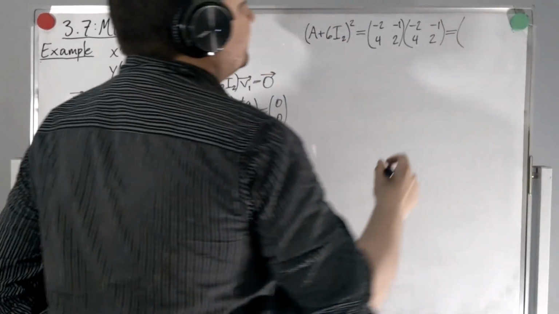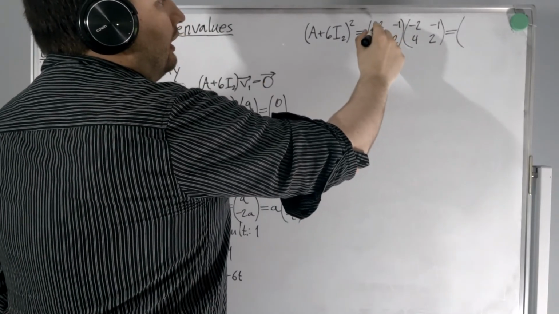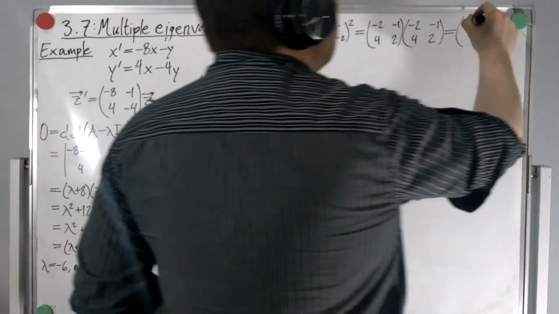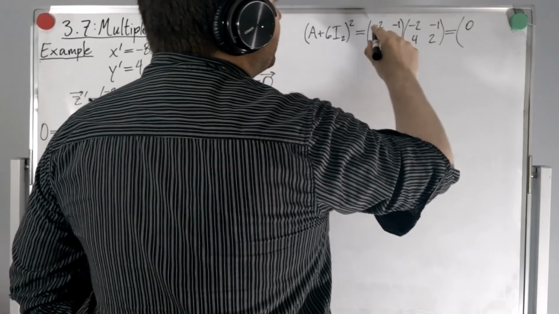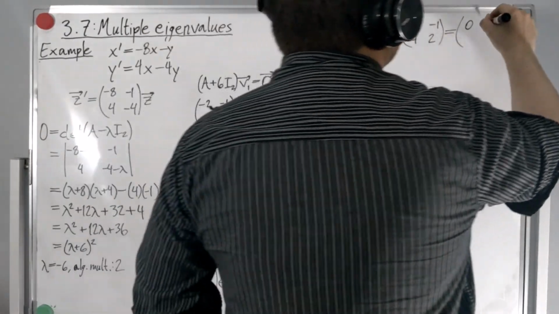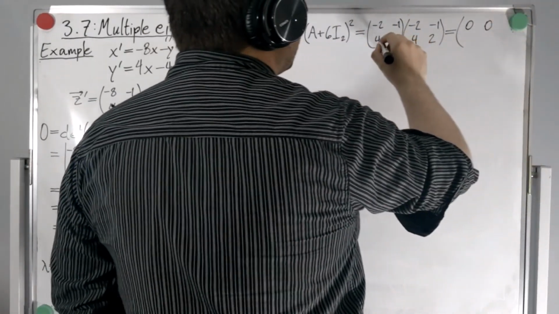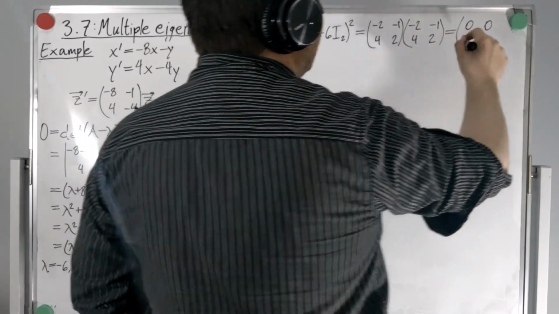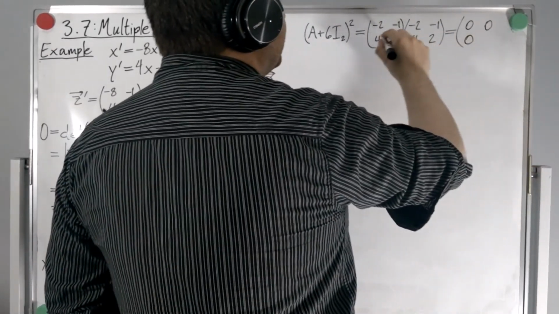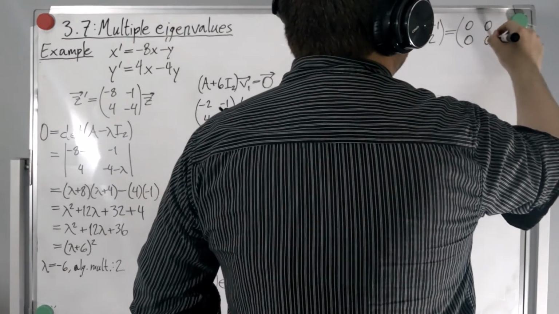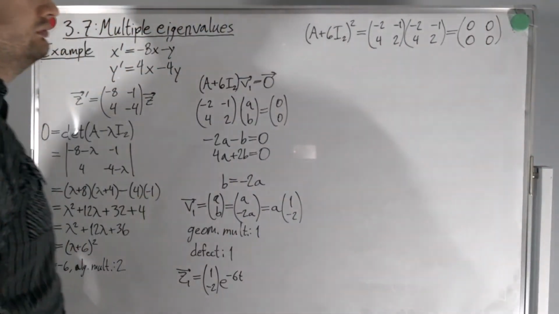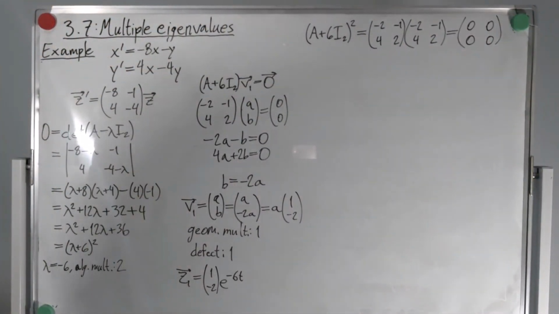This equals, let's see here, 4 minus 4 is 0. 2 minus 2 is 0. Negative 8 plus 8 is 0. Negative 4 plus 4 is 0. So as usual, it turns into the 0 matrix.